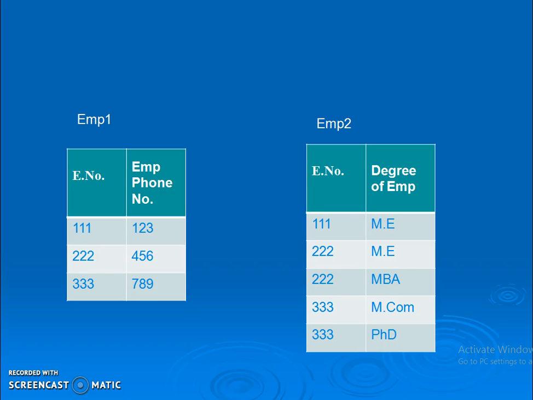Now in EMP2 there are two attributes, E number and degree of employee. 111 has ME, and 222 has two degrees, ME and MBA, in two separate rows. Similarly for E number 333 there are two rows for MCOM and PhD degree. So here we decompose the EMP table into EMP1 and EMP2.